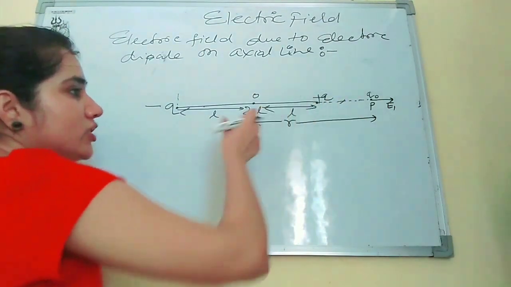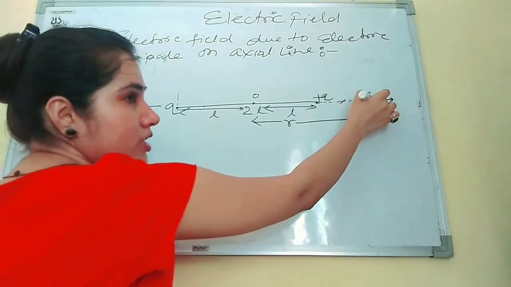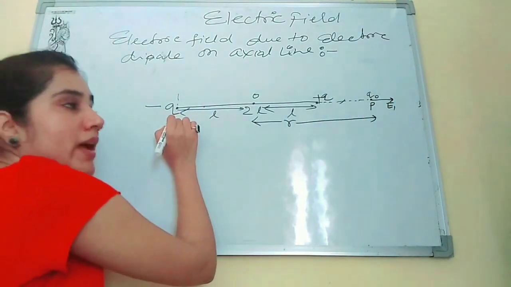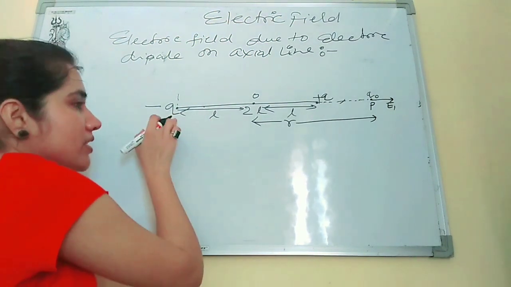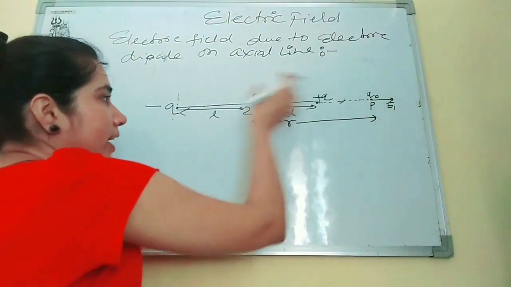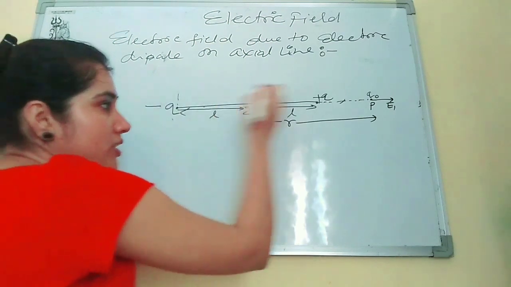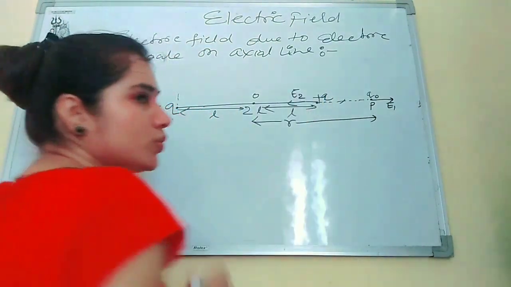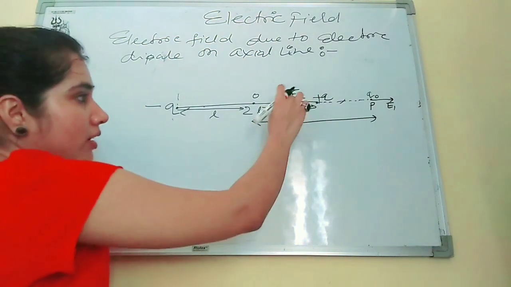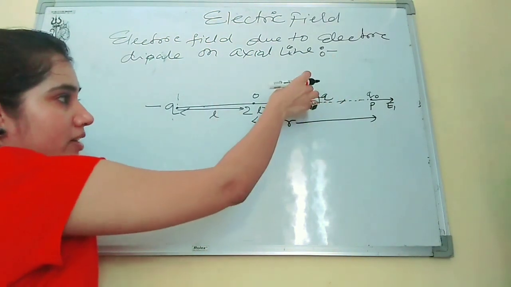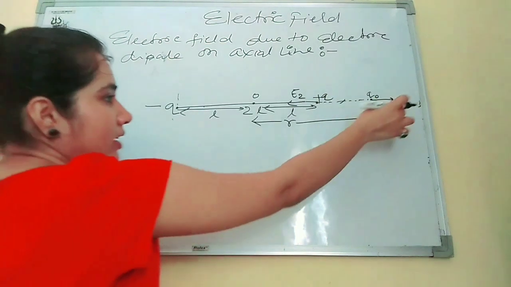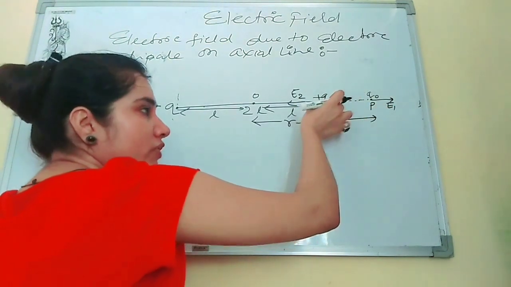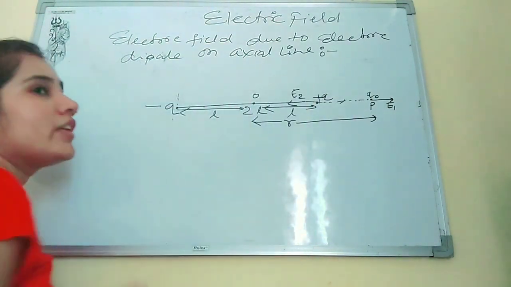Now in this direction, this is q naught and this is minus q. This is negative and this is positive, so the charge will get attracted towards it. So the strength will be in this direction and we take it as E2. This is the electric field strength in this direction: E1 because of positive q and E2 because of negative q.